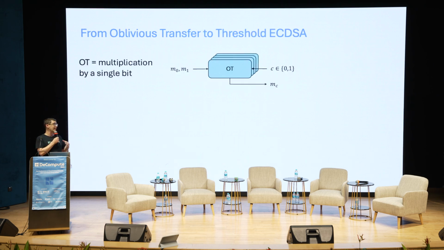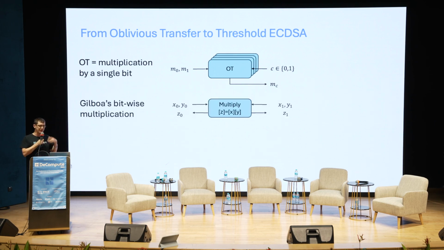How do you build threshold ECDSA protocols from oblivious transfer? The general recipe is that you can think about oblivious transfer as a way to multiply by a bit. The choice bit lets you multiply by a 0 or 1. Then there's a technique called Gilboa's method, which allows you, when you want to multiply two field elements, to do bit decomposition on one of them and use OT to do multiplication by each bit.